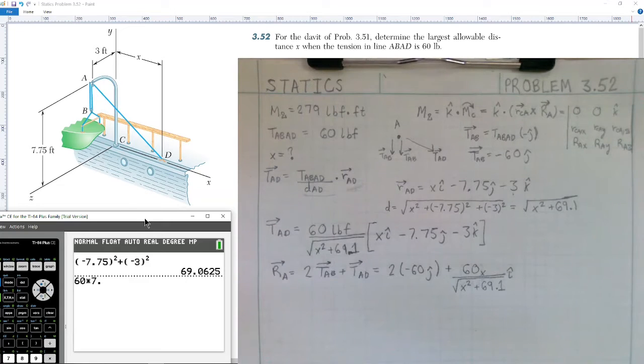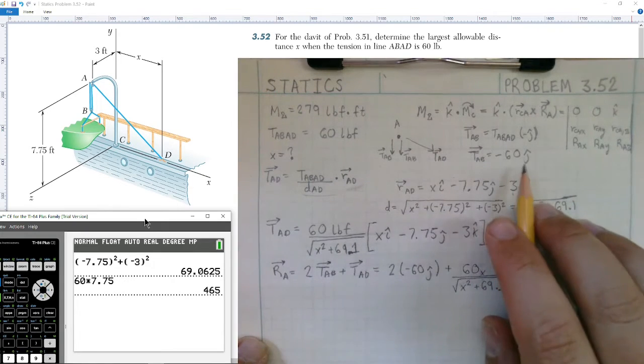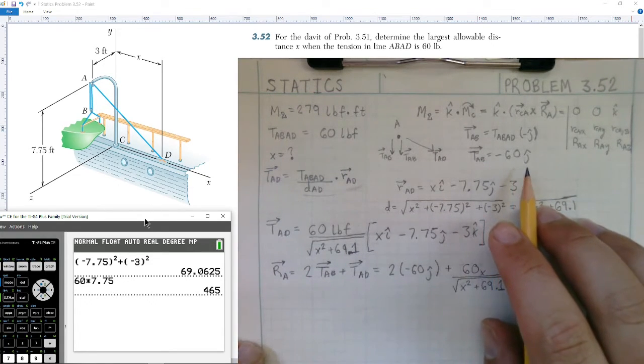And then we're adding in, don't forget, this twice this AB vector, which is negative 60. So we have negative 465.